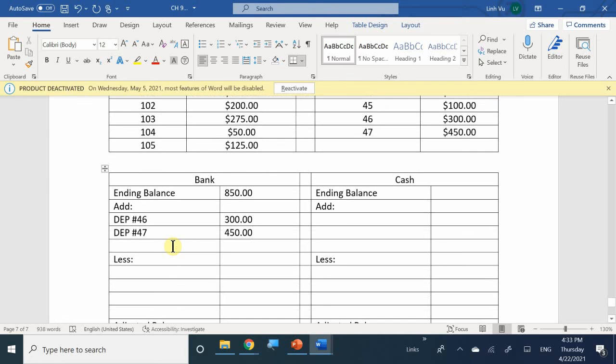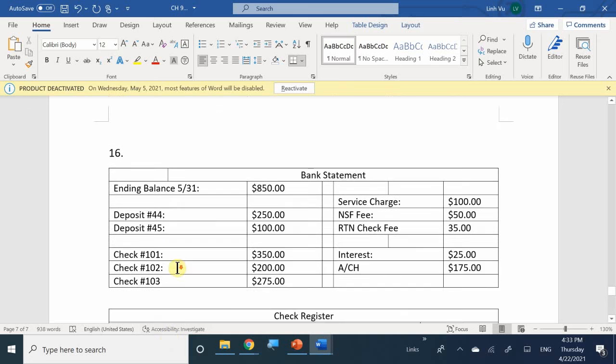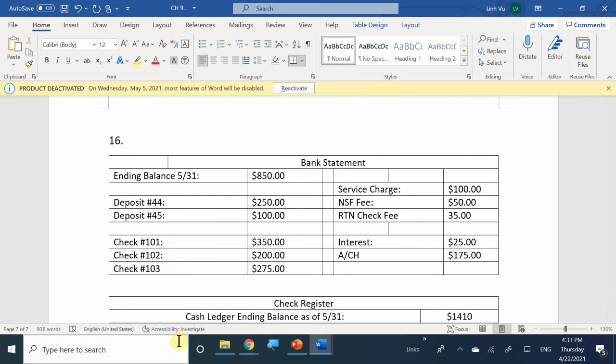Okay, so now, Nicole, what do we need to do next? The checks that have not been processed. So let's take a look at our check register, or our cash ledger. How many checks did I write out in total? 5. Let's look at our bank statement. How many actually cleared? 3.